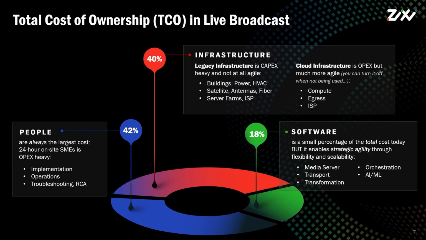And these are average numbers, but you can consider the total cost of pretty much any live broadcast workflow. You can break it down into three very broad chunks. One is the infrastructure. Two is the actual software that provides the functionality, and three is the people. People is always the largest cost. And so over time, these are the averages that we see in terms of the cost.